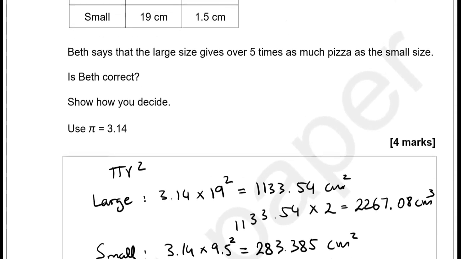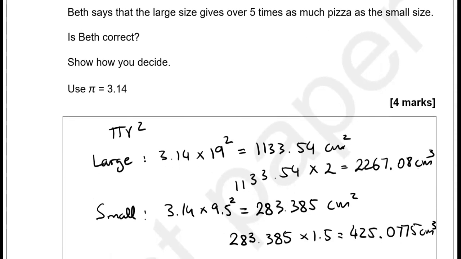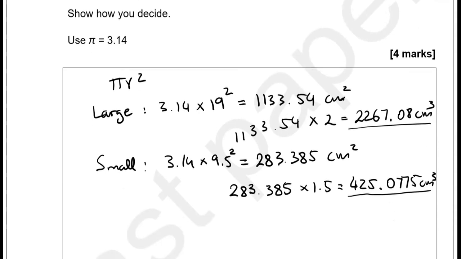Now, Beth said that the large size gives over 5 times as much pizza, so we can divide this by 5 to see if this is more than 425.0775, or multiply 425.0775 by 5 to see if this is smaller than 2267.08.